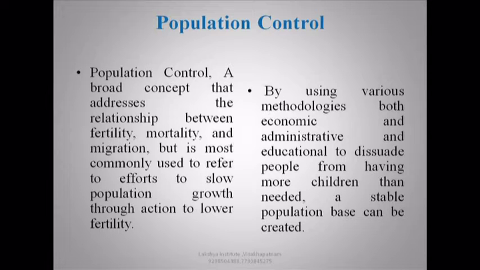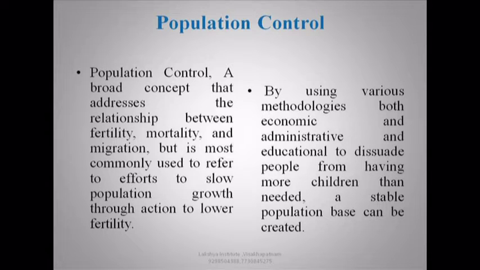Population control. Population control, a broad concept that addresses the relationship between fertility, mortality, and migration, but is most commonly used to refer to efforts to slow population growth through action to lower fertility. Public debate is strictly limited, however, to non-coercive means in achieving any one of these goals, especially with regards to population reduction.